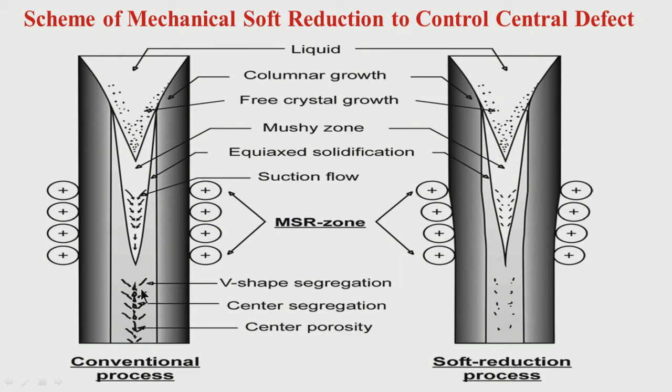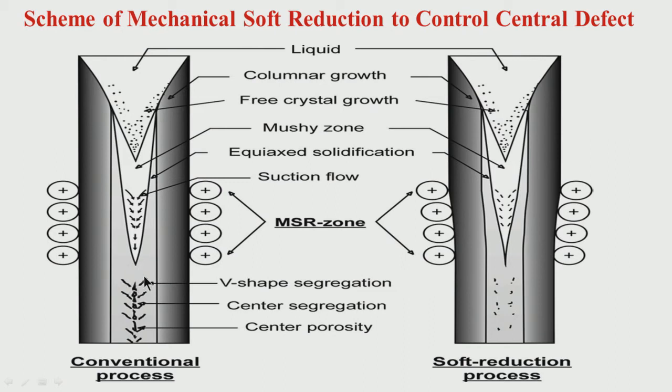But if the superheat is more and you are not using electromagnetic stirring, EMS, then as I have told you, the columnar solidification, this is the columnar zone, can extend till the central area. There will be no equiaxed zone in that case. So, in that situation, your crack formation is more extensive, your segregation is more extensive, and you may not have V segregation.